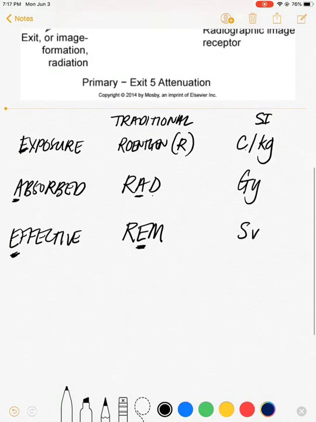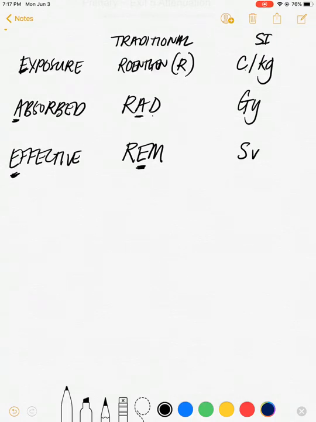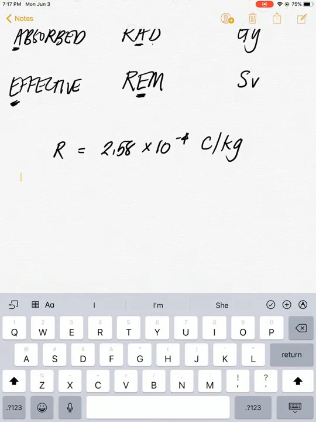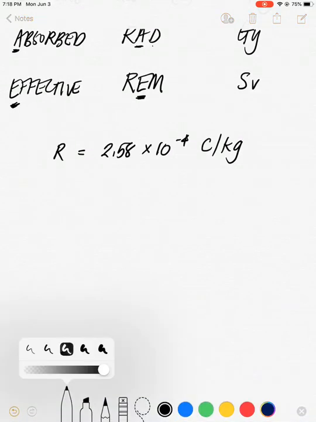Okay, so now you have to understand this in order to convert it. We know that a Röntgen equals 2.58 times 10 to the negative fourth coulombs per kilogram in the air. Okay. Now, if you are wanting to find the coulombs per kilogram, all you have to do is just cancel this out.